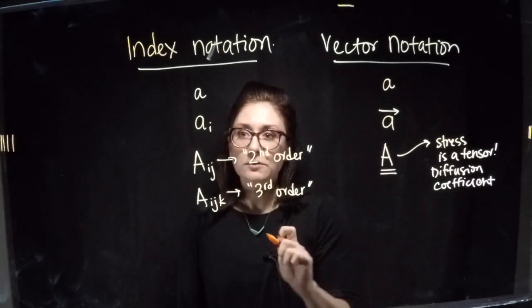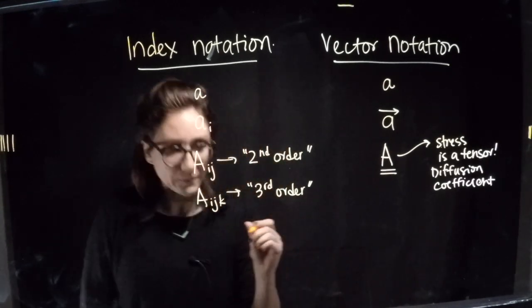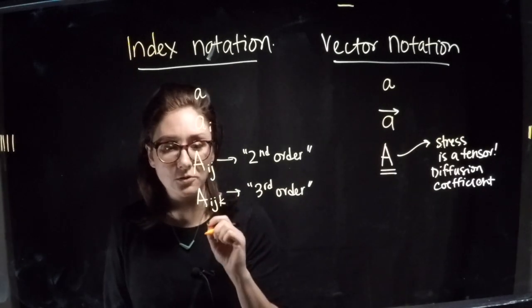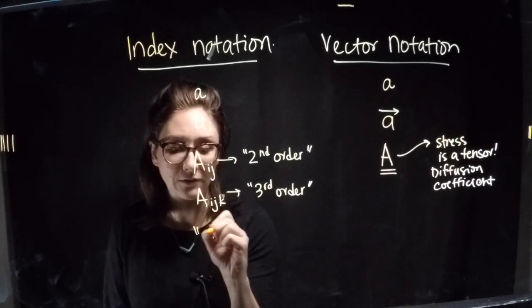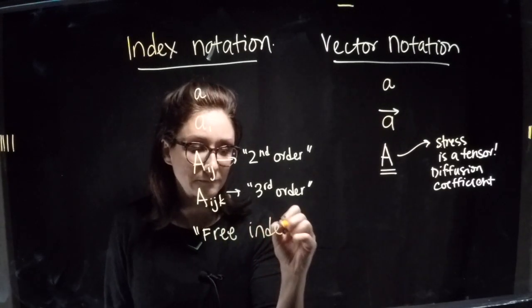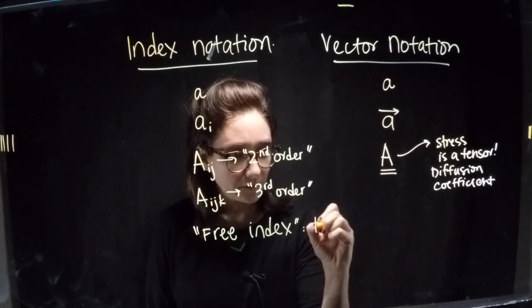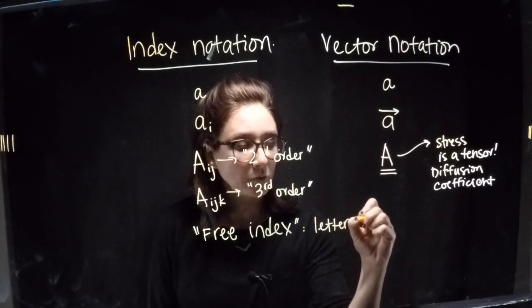Okay, so now I'm going to go into a little more detail. What do these letters actually mean? So these letters will fall into one of two categories. You can have a free index. So this means that the letter appears only once.